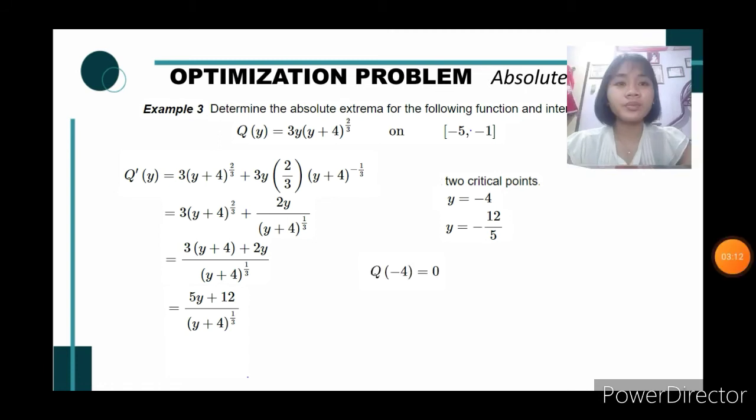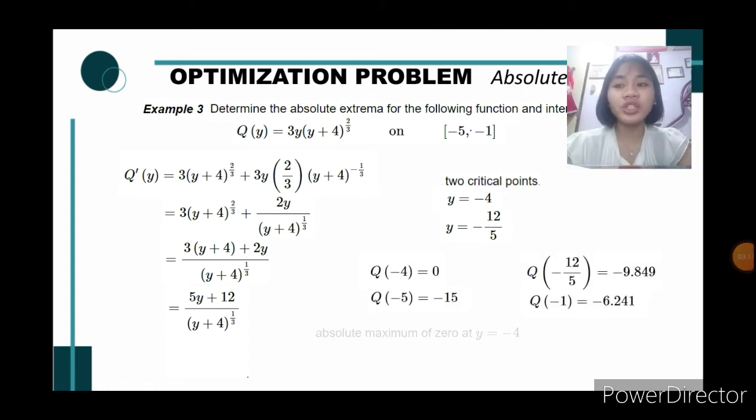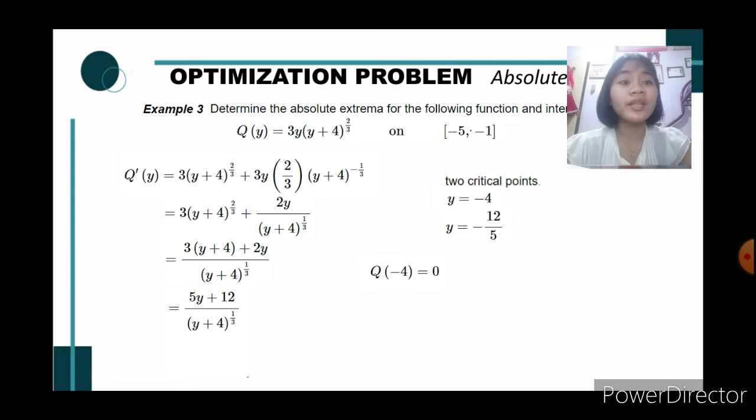So, magkakaroon tayo the value of the function q at y equal to negative 4 is equal to 0. And next, the value of the function q at y equal to negative 5 is equal to negative 15. And the value of the function q at y equal to negative 12 over 5 is equal to negative 9.849.